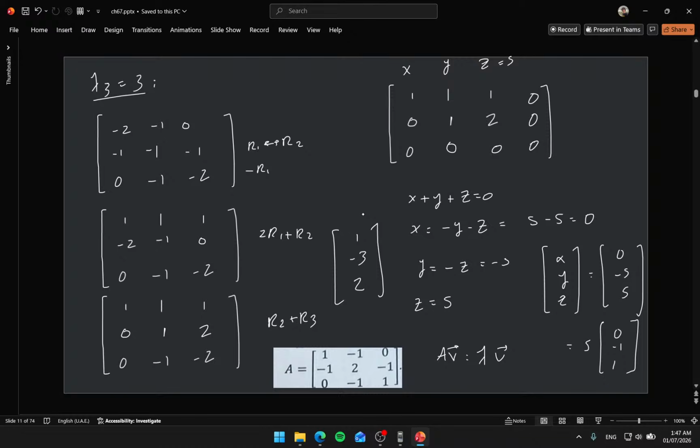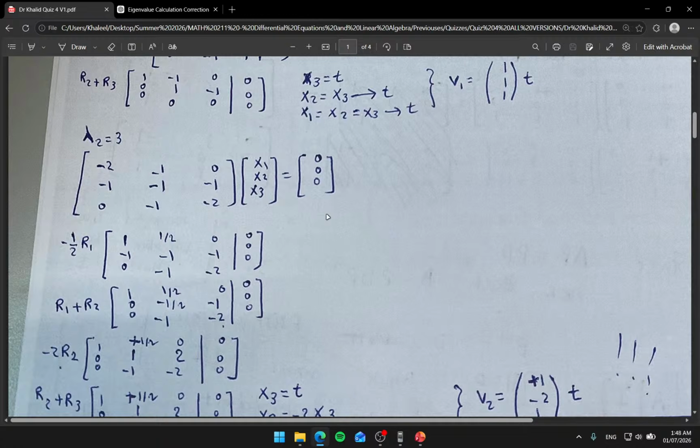Then we do lambda times v, so 3 times 0 is 0. I did something wrong, but where is it? It's negative 3. Did something wrong.